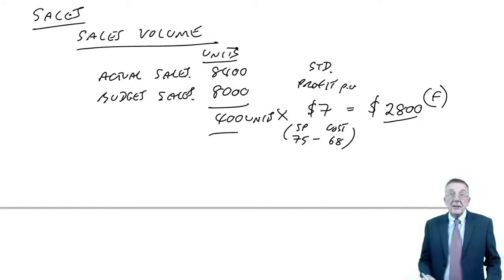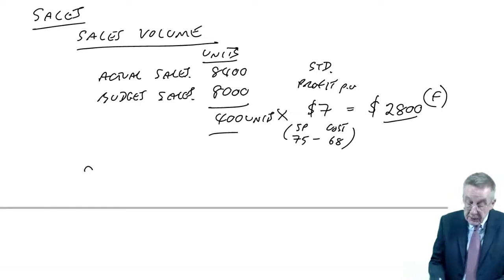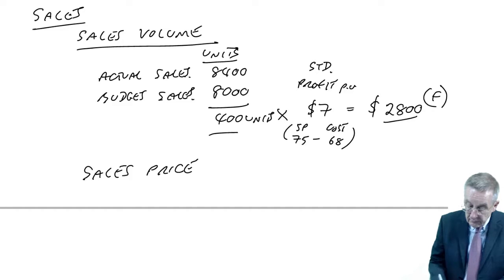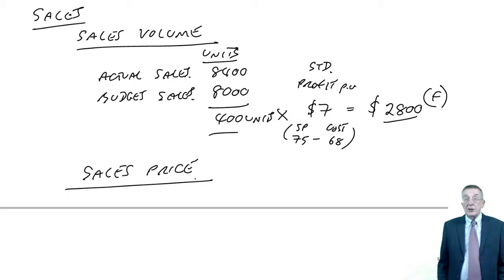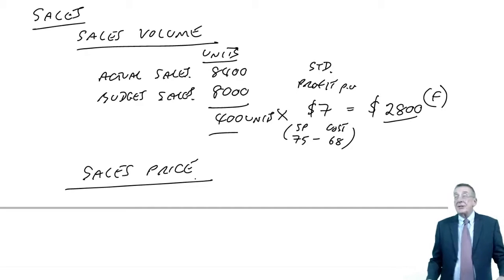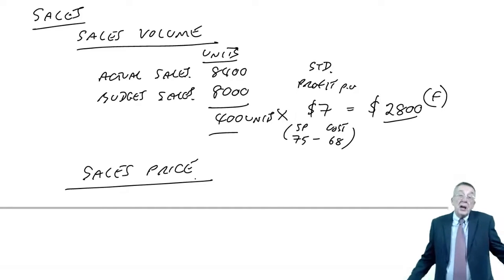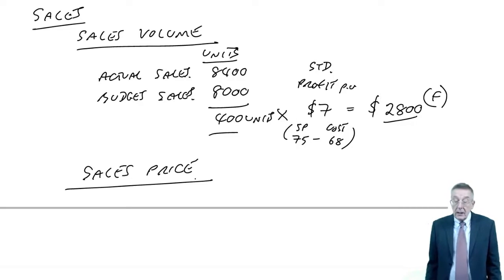What else affects us in relation to sales? Well, the sales price. If we change the price, if we charge $1 less a unit, then on its own, that means $1 less profit.